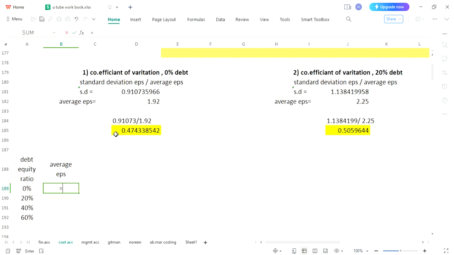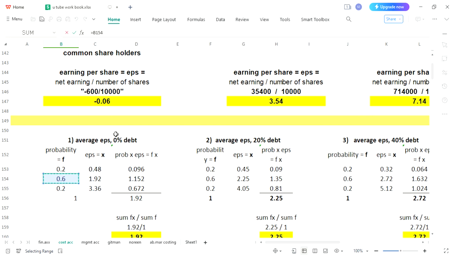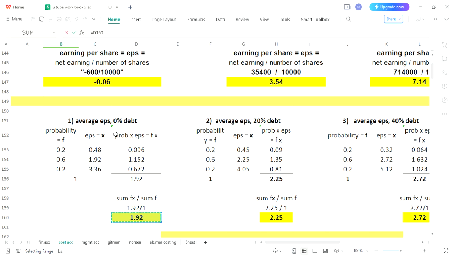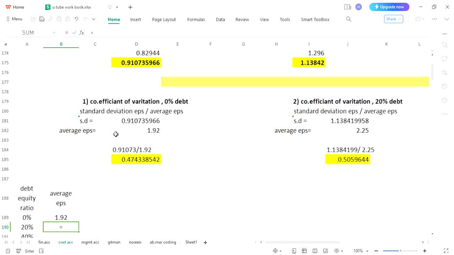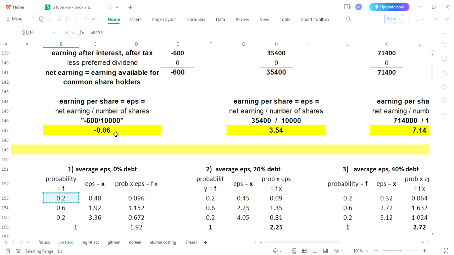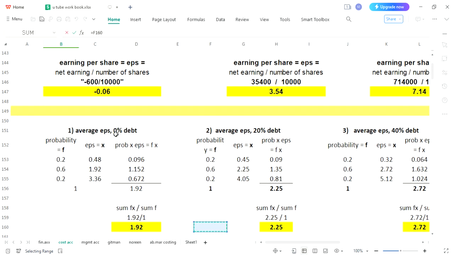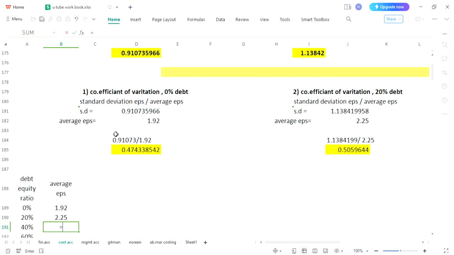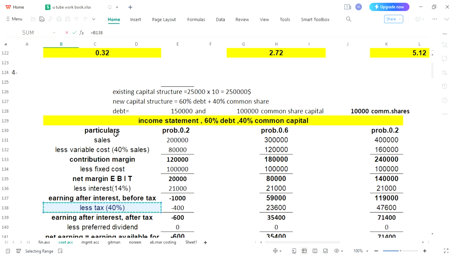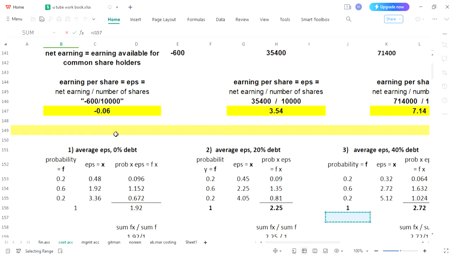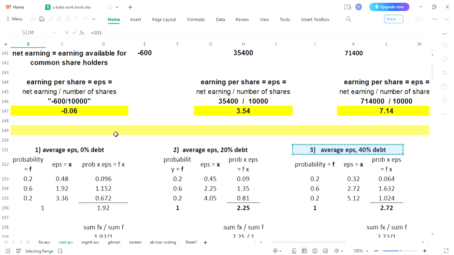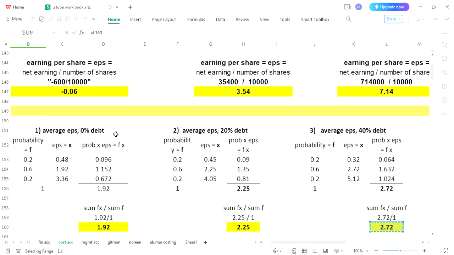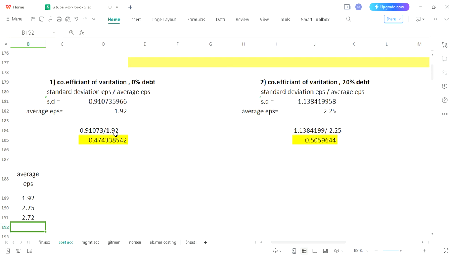For 0% average EPS, this is the first average and that was calculated as 1.92. Then for 20%, look here, 20% average EPS was calculated as 2.25. Then for 40%, look, this was your third EPS, 40% debt and average was calculated 2.72.